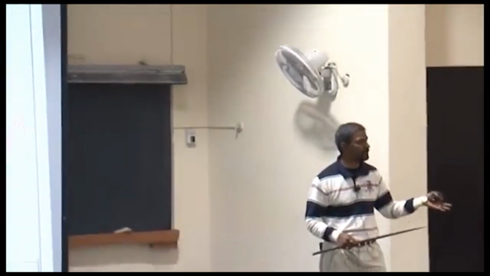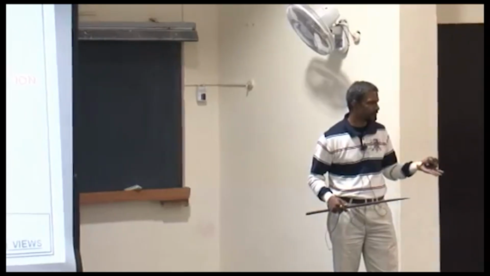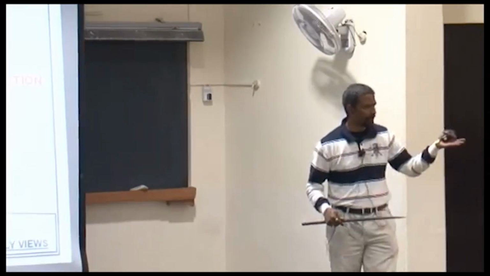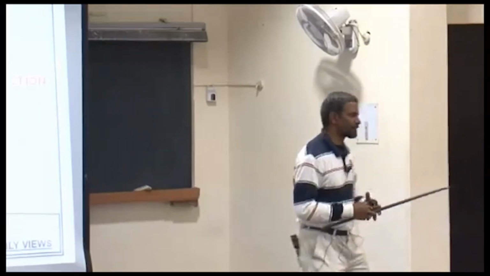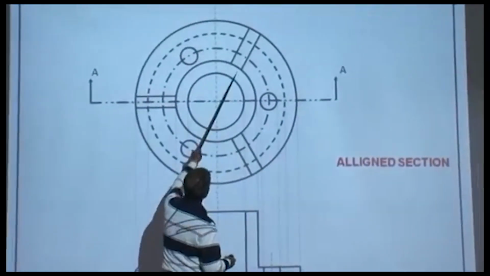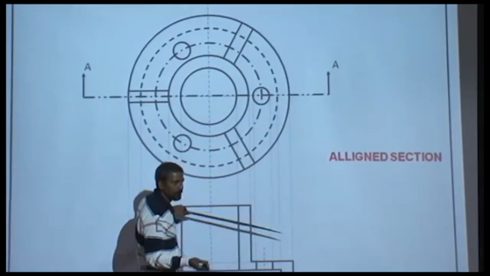So what you're saying is whatever information that is left, you're trying to retrieve it now using projection rules. So you're saying, fine, this rib is something that we have not shown, so let's use projections and try to show the rib.